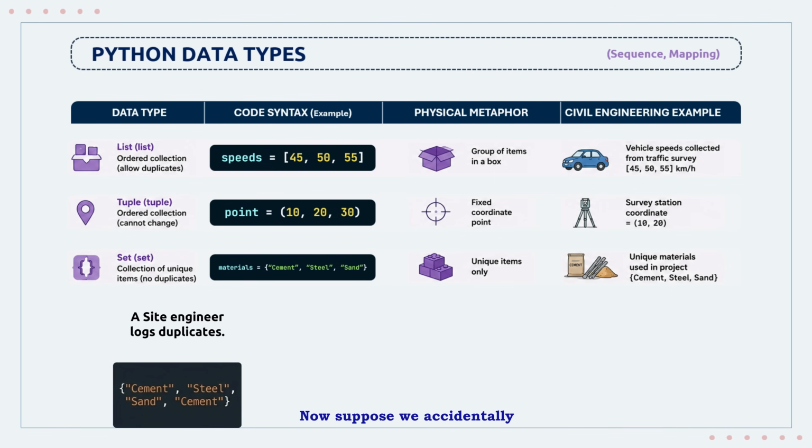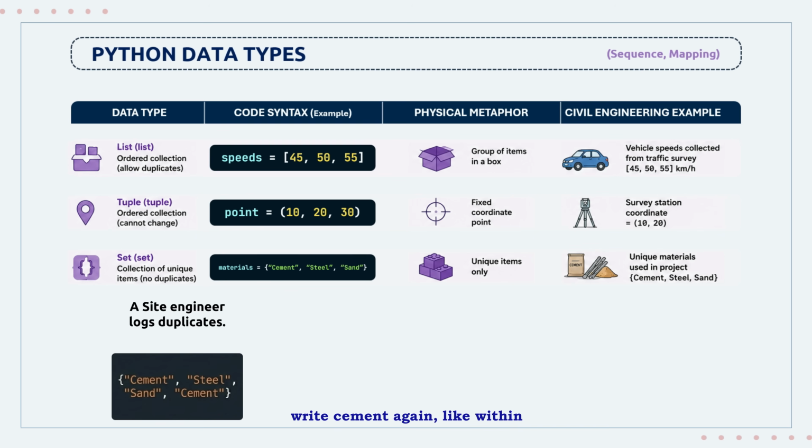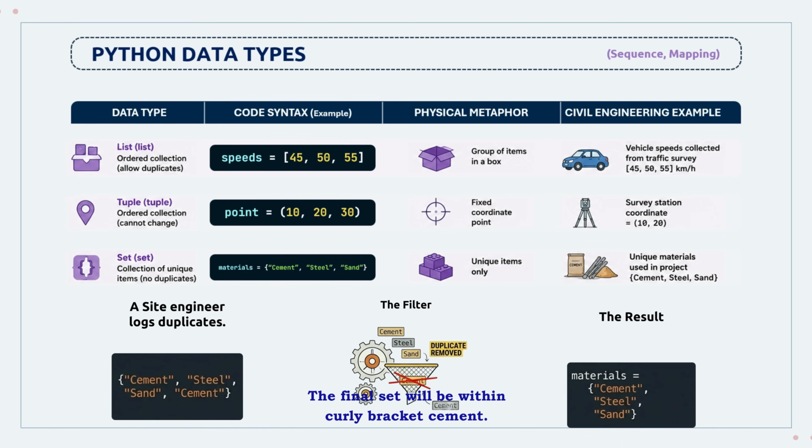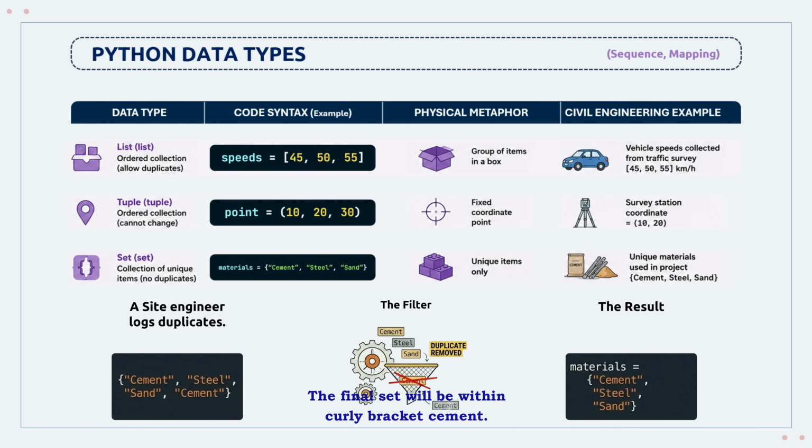Now suppose we accidentally write cement again, like within curly bracket, cement, steel, sand, another element cement. Python automatically removes the duplicate value. The final set will be within curly bracket, cement, steel, sand.